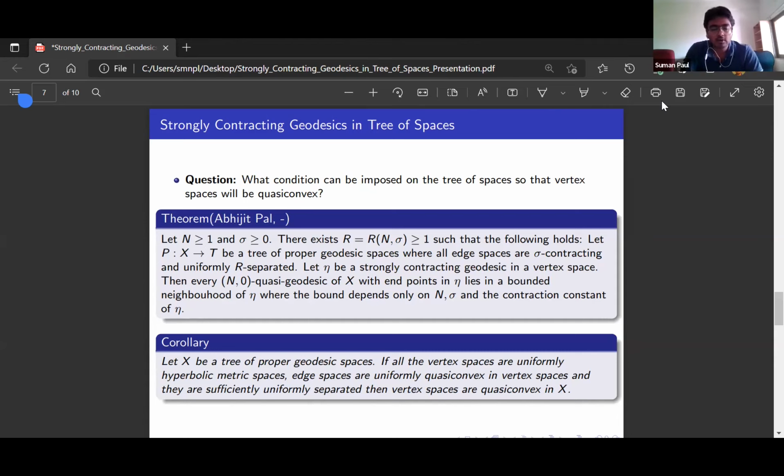And one corollary of this theorem is that if we take a tree of uniformly hyperbolic metric spaces where vertex spaces are uniformly hyperbolic and edge spaces are uniformly quasi-convex, then the vertex space will be quasi-convex in X.